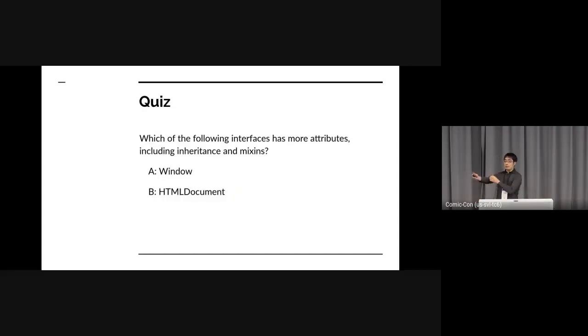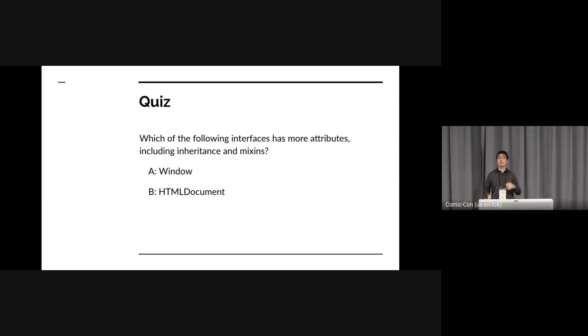So to show the power of the database, let me ask a question. Which of the following interfaces has more attributes, including its inheritances and mixins? A is Window and the other one is HTMLDocument. We think Window has more attributes. No?